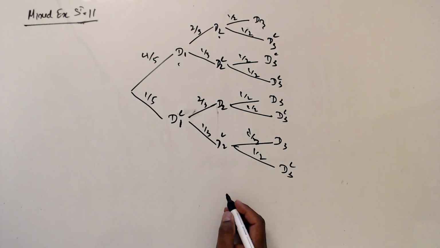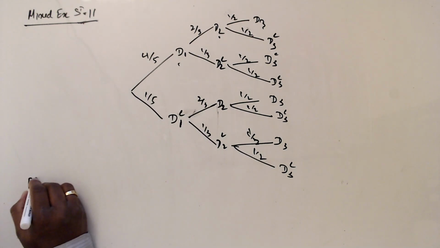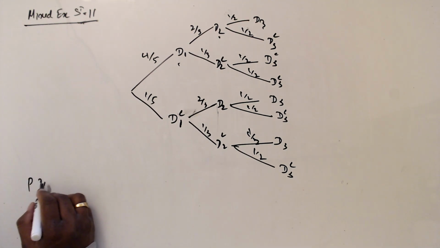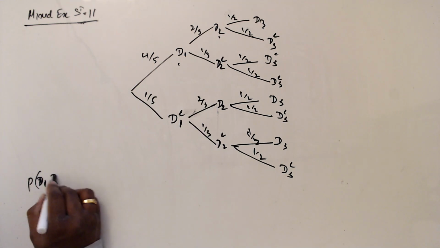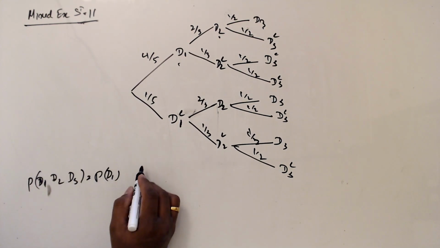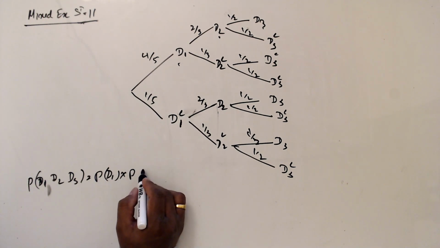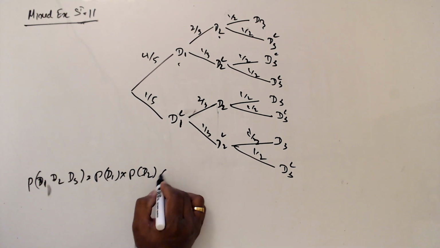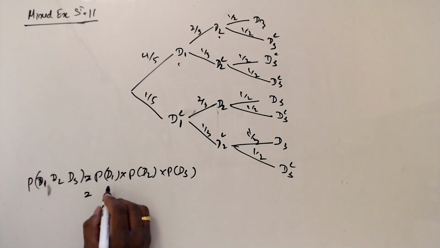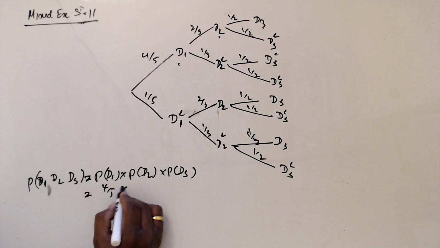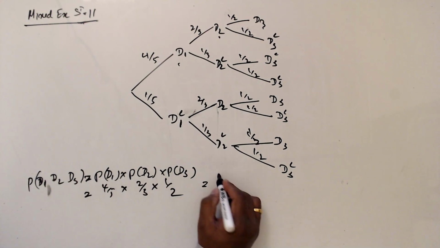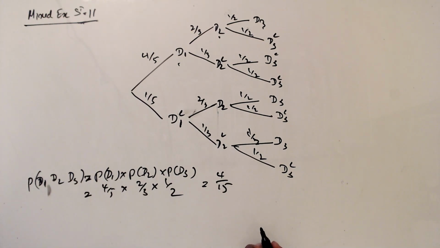The probability of D1, D2, D3 means P(D1) times P(D2) times P(D3). So this is 4 over 5, 2 over 3 and half, that is going to be 4 over 15.